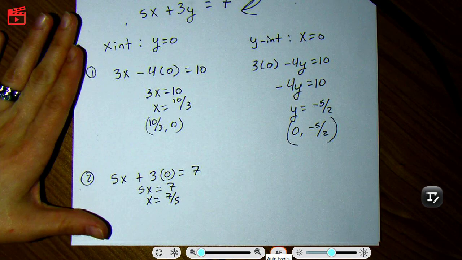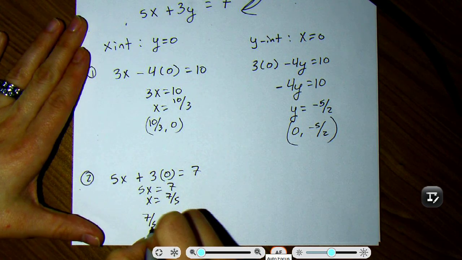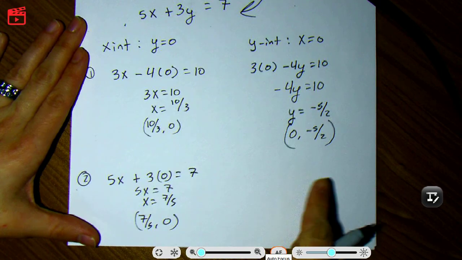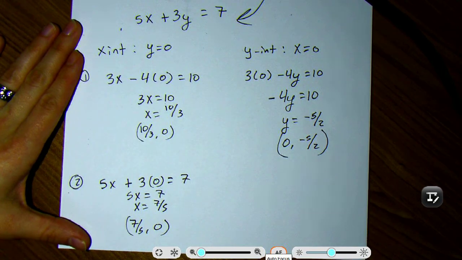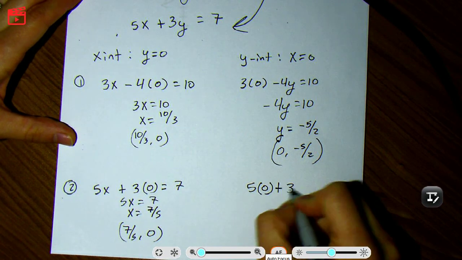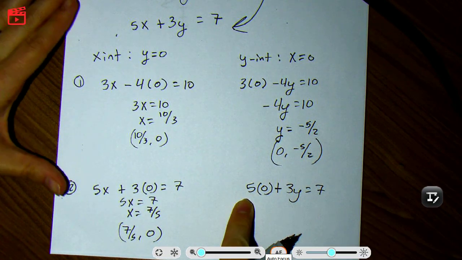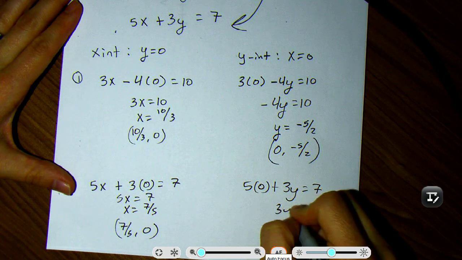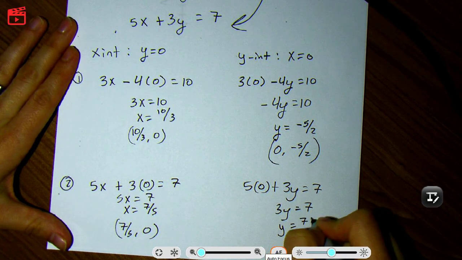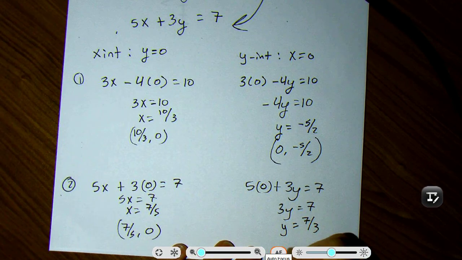That coordinate is 7/5, comma 0. To find the y-intercept, I'm plugging in 0 for the x value. So I have 5 times 0 plus 3y equals 7. 5 times 0 is 0, so I get 3y equals 7. So y is equal to 7/3. And that coordinate is 0, comma 7/3.